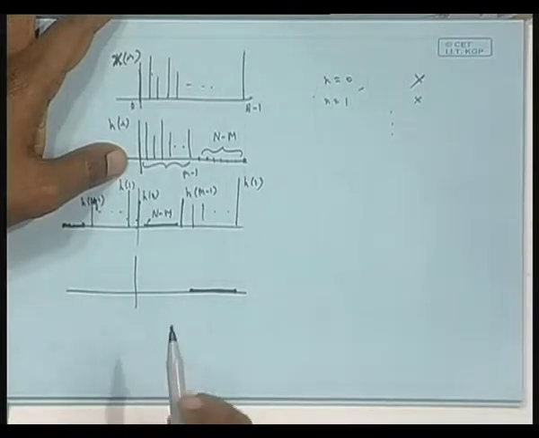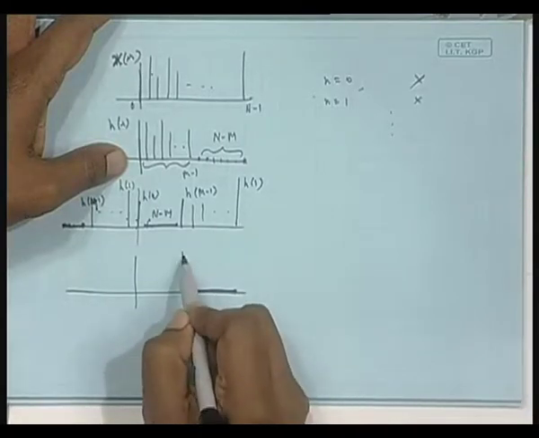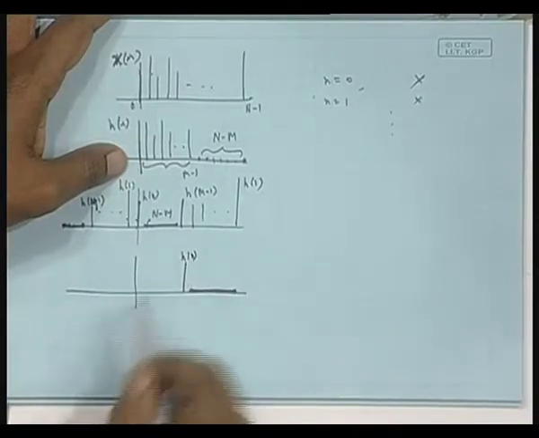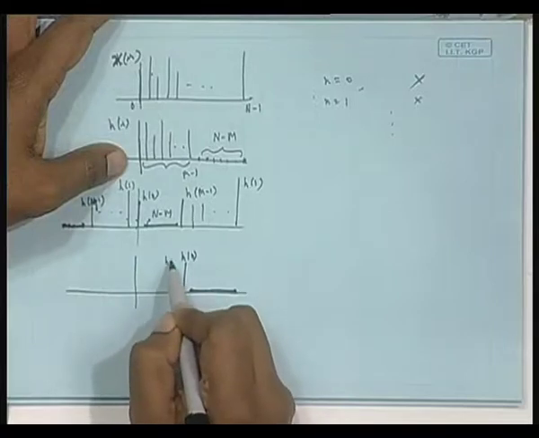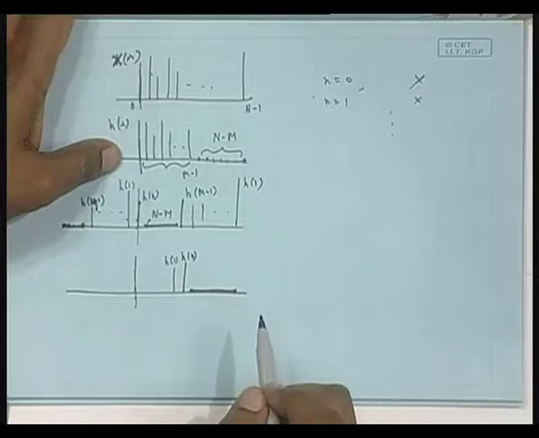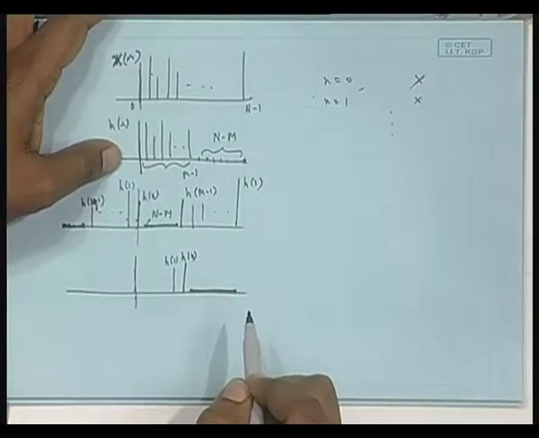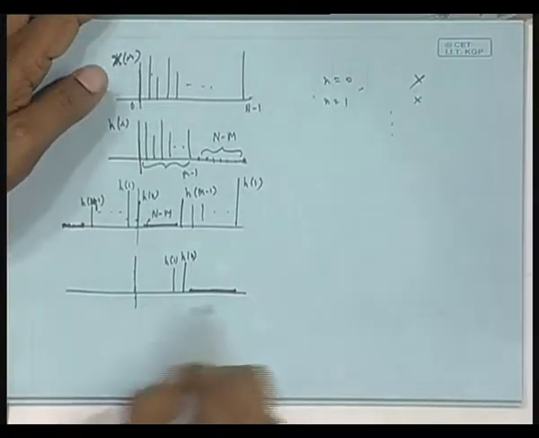From that moment, what do I have? h 0, h 1, dot dot dot, how many? How many shifts?